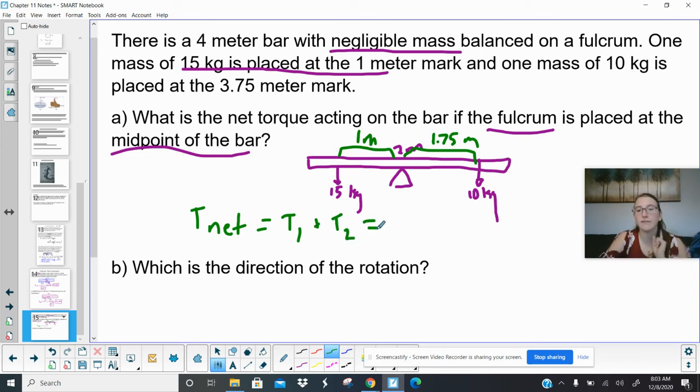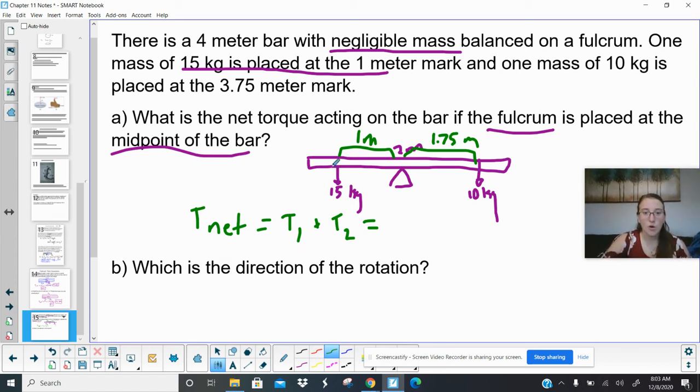Now, what we need to be careful about here is these are pulling in different directions. This is the hard part about torque and rotation, that they're both pulling down, right? If we're thinking linearly, with both of them pulling down, you'd think they're pulling in the same direction. But we know this to not be true.